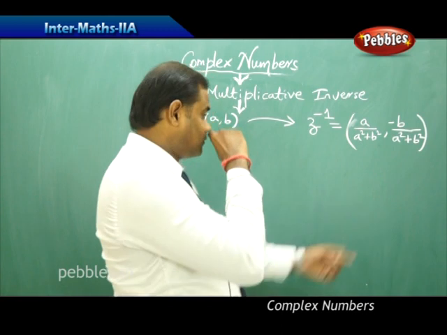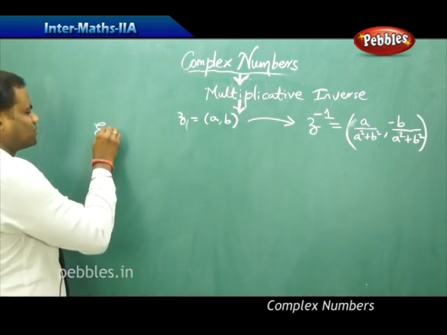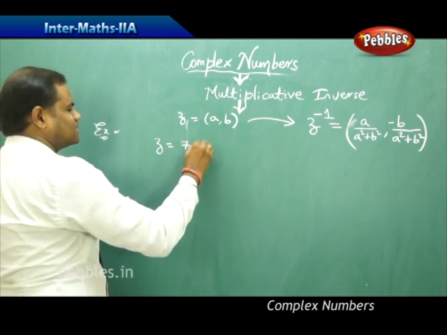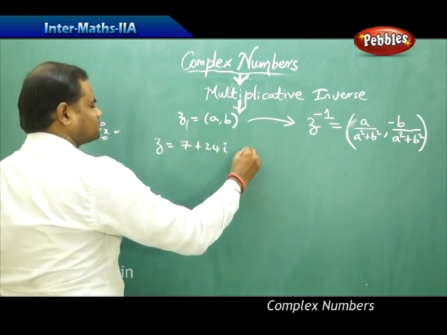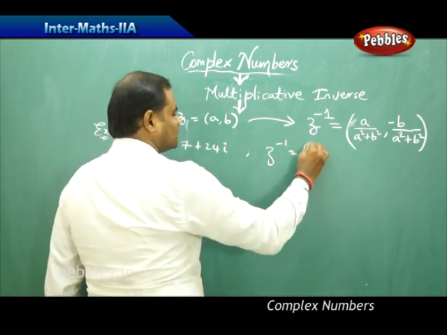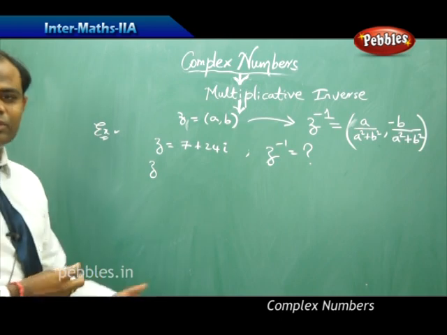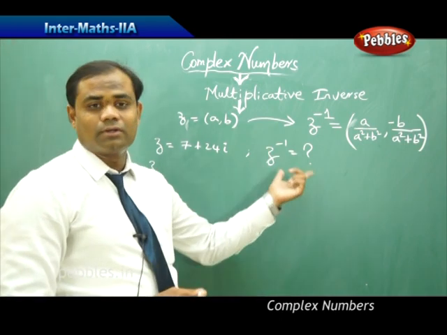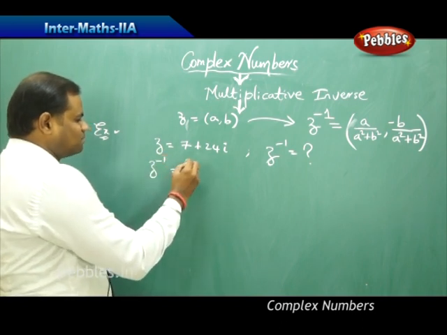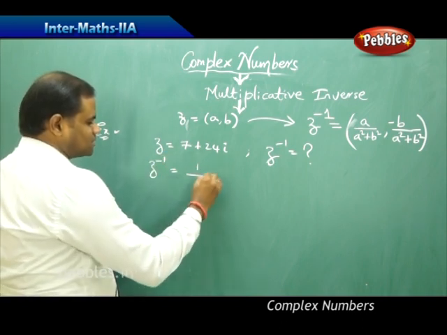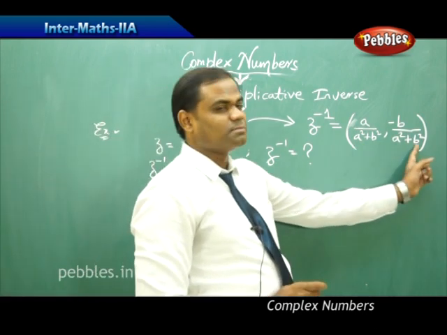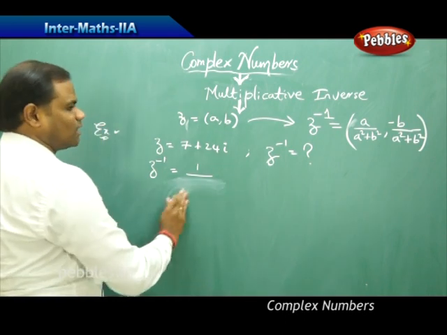So with this, suppose I wanted to find the multiplicative inverse of z equal to 7 plus 24i, that is z inverse. How do I find it? I simply take the denominator a squared plus b squared, which is common, outside.